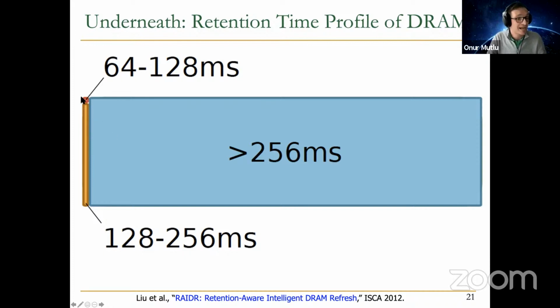There's a very small fraction of cells that have to be refreshed every 64 milliseconds because they cannot retain data for more than 128 milliseconds. And there's a little larger fraction of DRAM cells that have to be refreshed every 128 milliseconds because they retain data somewhere between these two values, 128 to 256 milliseconds.